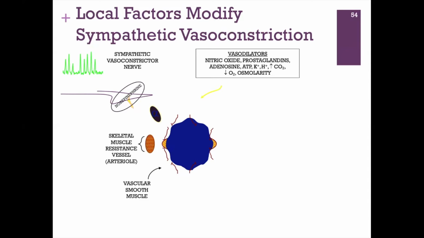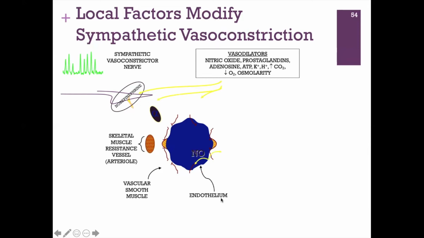But at the working muscle, we have all these local vasodilators saying, no, we need to get more blood flow to this area. So it becomes a balance between what our brain is trying to do and what the local area where the activity is happening is trying to do. These local dilators will actually go in and block these things from happening.